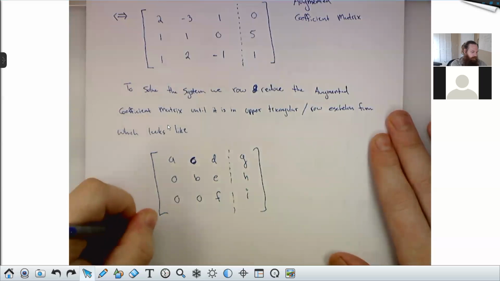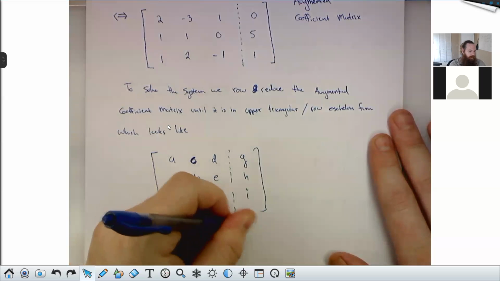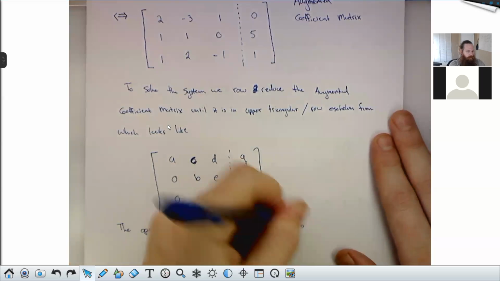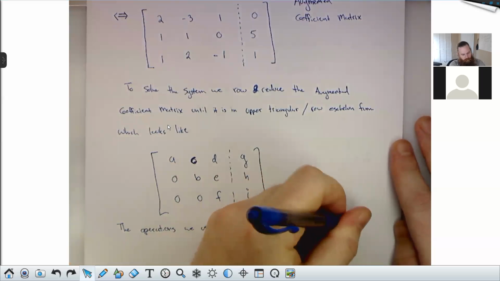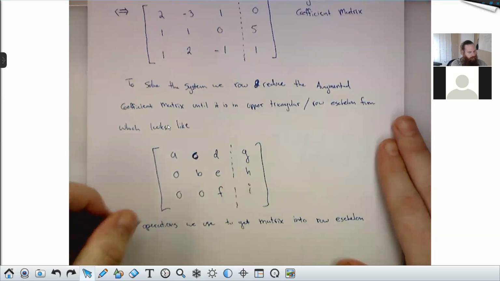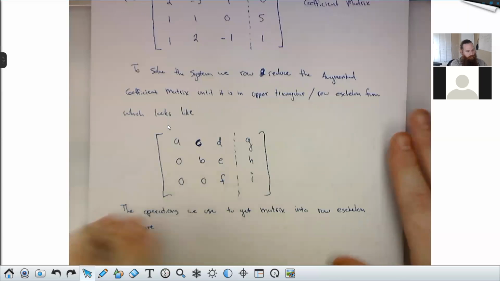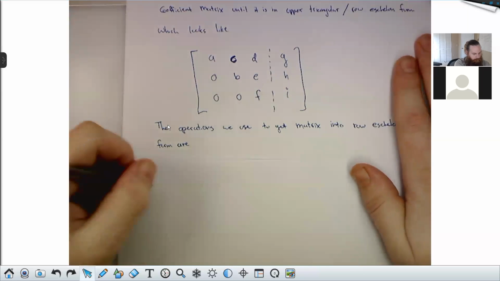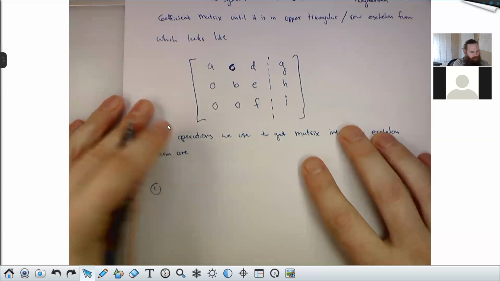The operations we use to get the matrix into this form, echelon form, are one, you can multiply any row by a non-zero number.